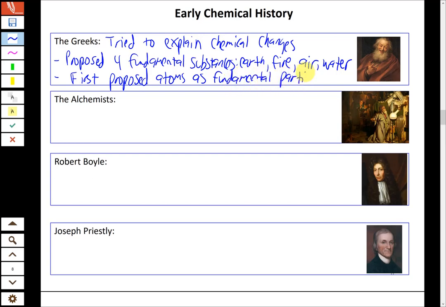They were not able to do experiments at that time to prove or test this, but they came up with the idea somehow that substances are made up of little tiny pieces called atoms. In fact, the word atom comes from a Greek word, atomos, which I think means something like tiny. But anyway, they were the first to propose atoms as fundamental particles, although, as I said, that was more of an educated guess than a real theory or anything that was testable at that time.